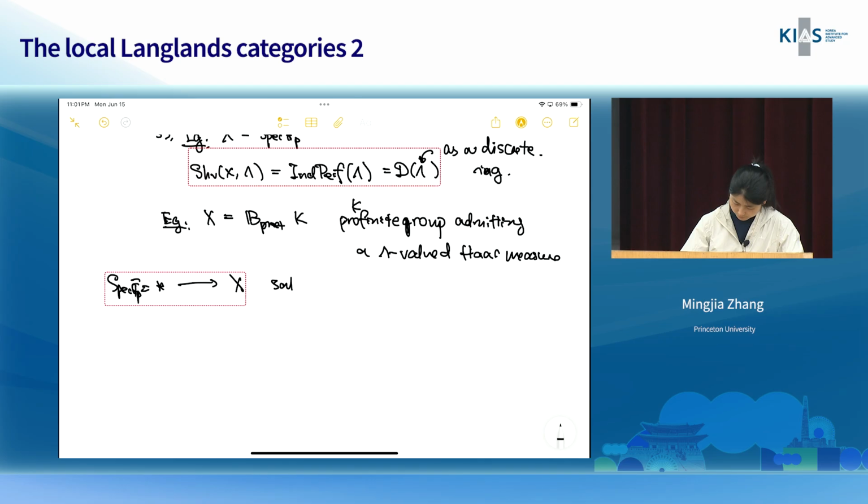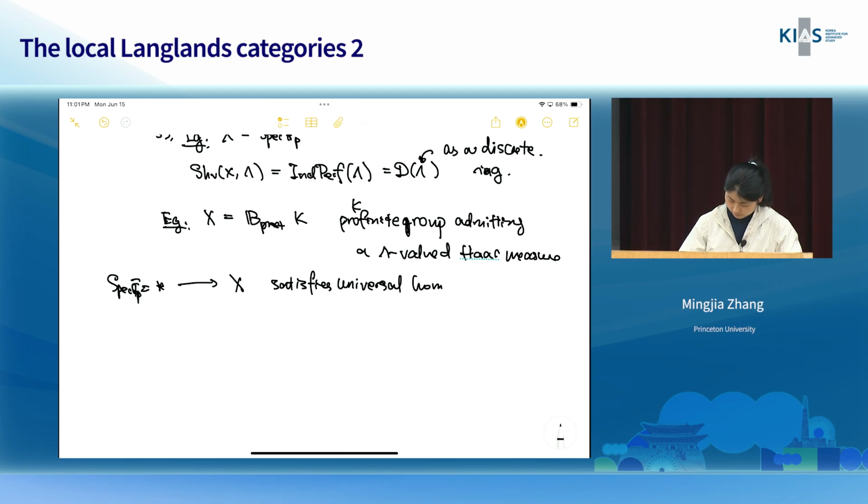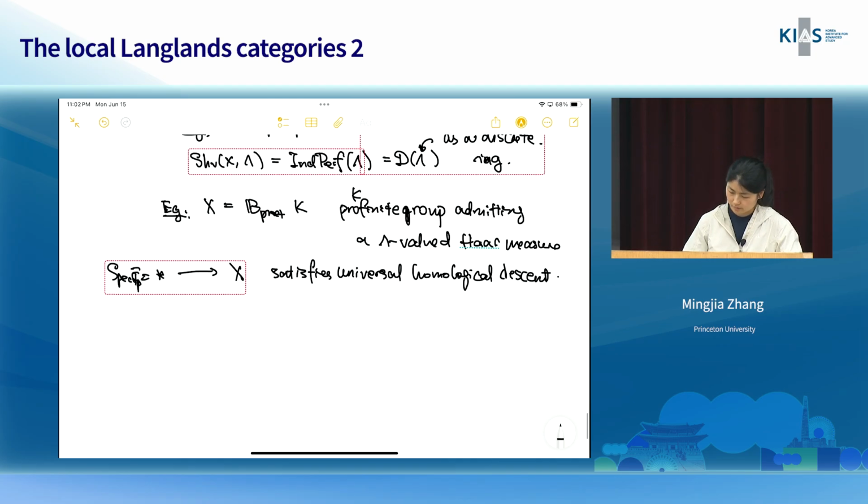This satisfies universal homological descent, which means that the category of sheaves on X with lambda coefficient will be the limit of sheaves along the Čech nerve of this map. And in particular, this relates to just smooth representations of K, as you wished.